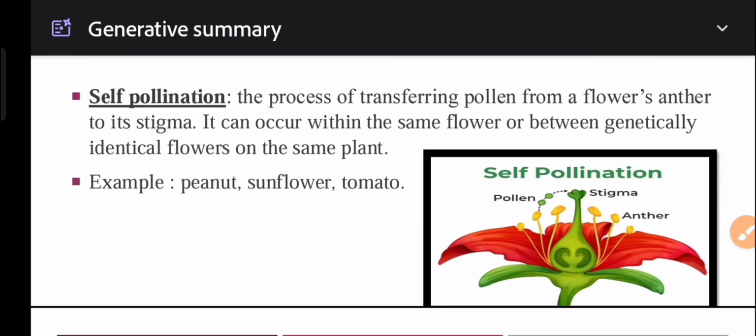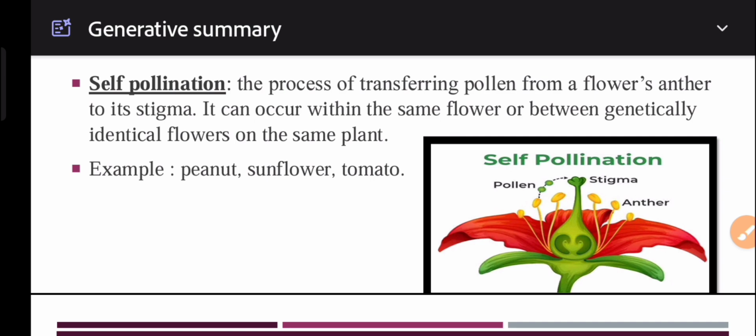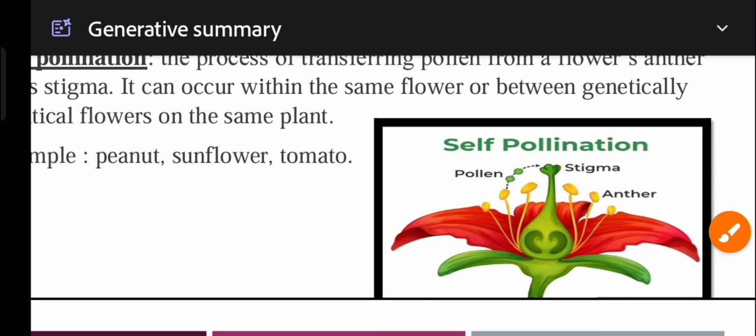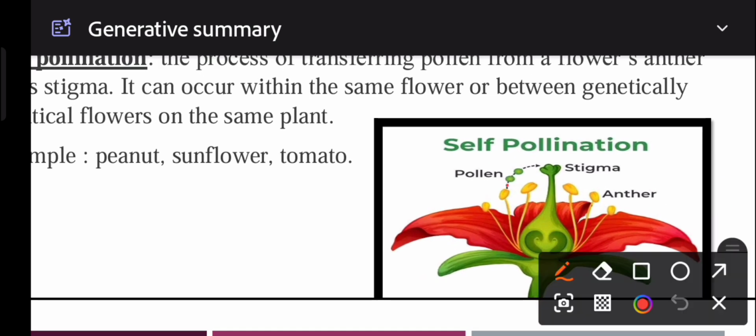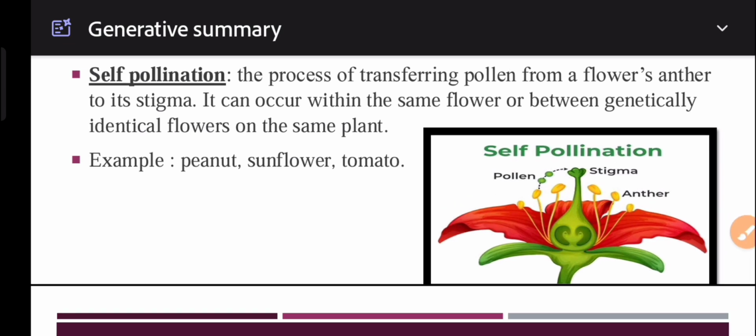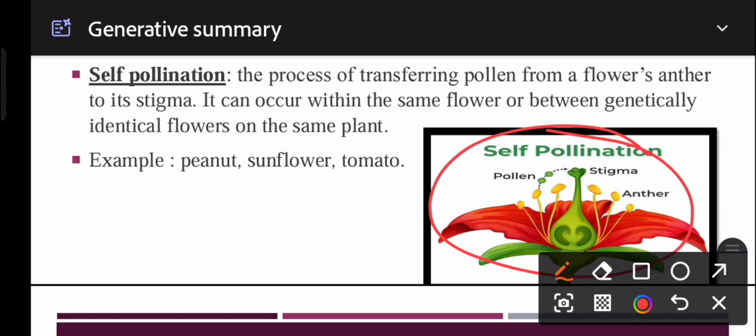In self pollination, the process of transfer of pollen grains from anther to stigma occurs within the same flower, or between genetically identical flowers on the same plant.